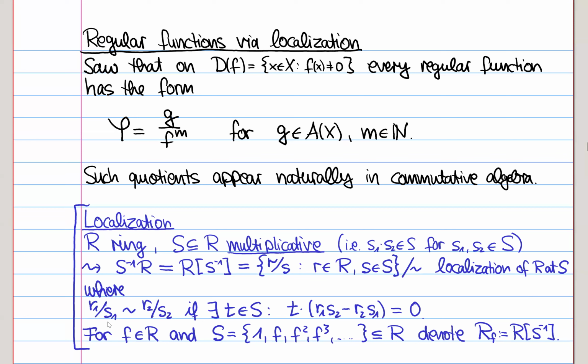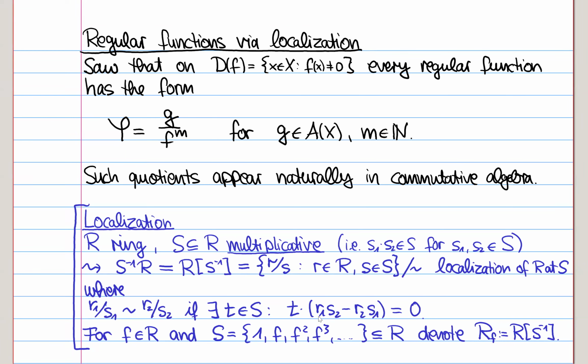The equivalence between these fractions is that there exists t in the multiplicative set such that, I mean, normally you would expect that you clear the denominators and then r1 times s2 minus r2 times s1 should be 0. This is okay when R is a domain.